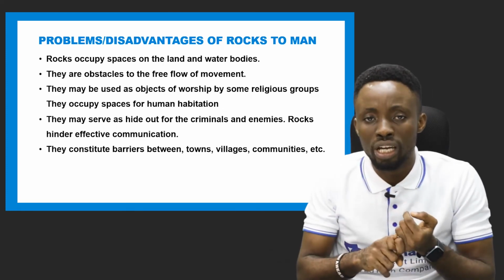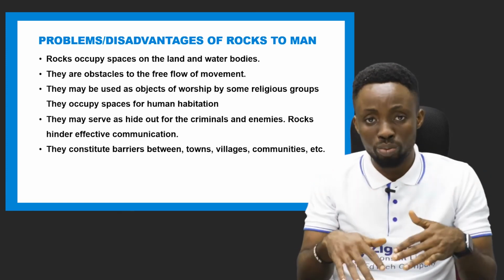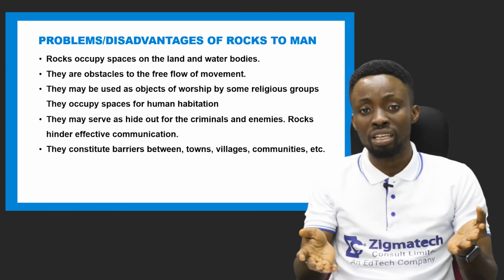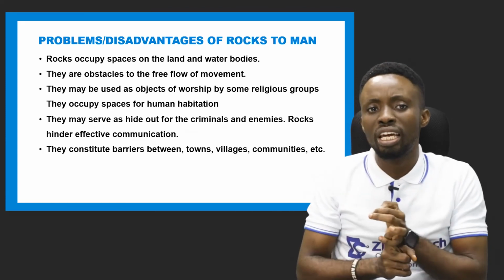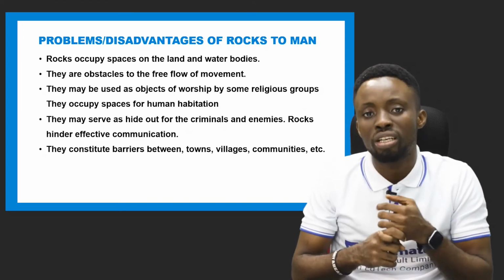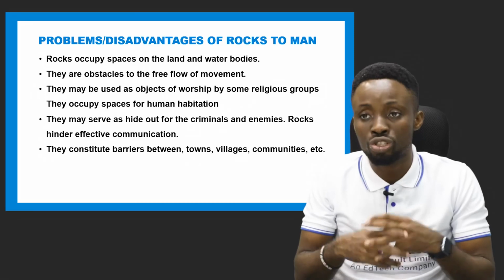They can also occupy spaces that we are meant to dwell in, like places where we can build houses. A rock can easily occupy such a land. And enemies or criminals can hide around those places where we have rocks.